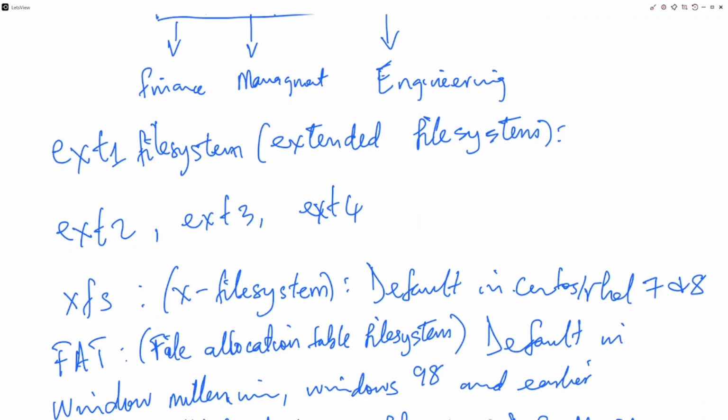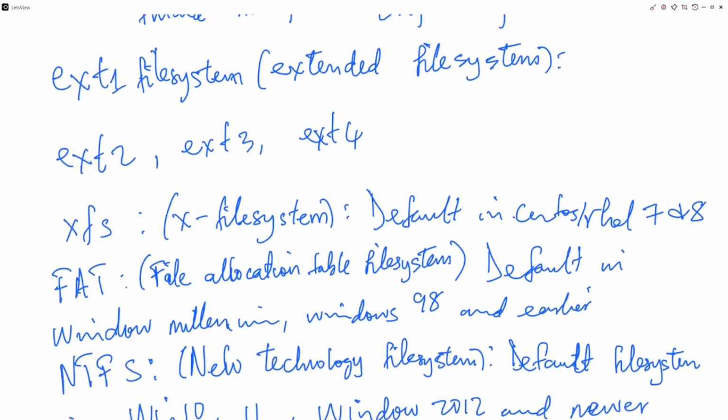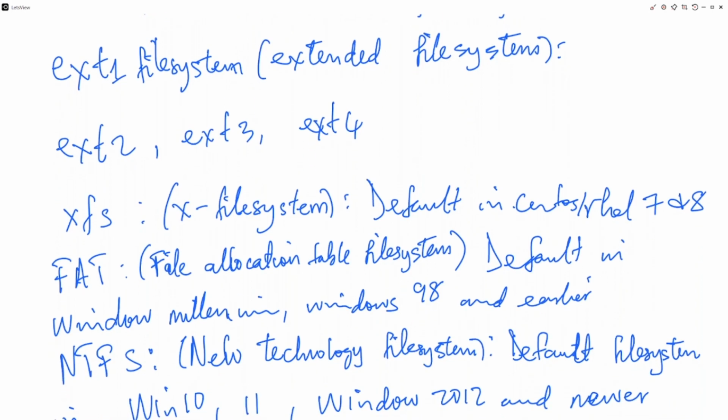The first file system that we will be looking at is the extended file system, EXT, and it exists in versions 1 to 4. 4 is the latest version, and that is the one we are most interested in. Then we also have XFS, which stands for X file system, and that is the default file system in Red Hat 7, 8 and 9.